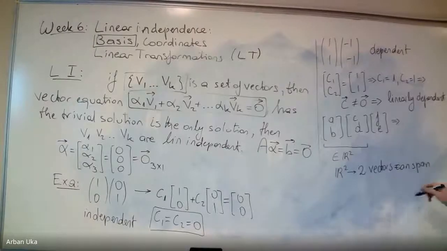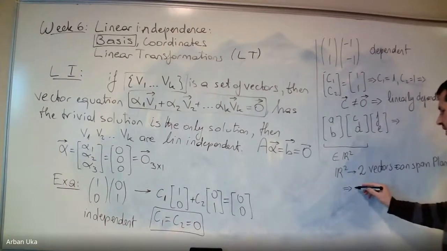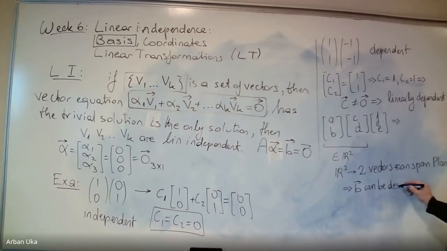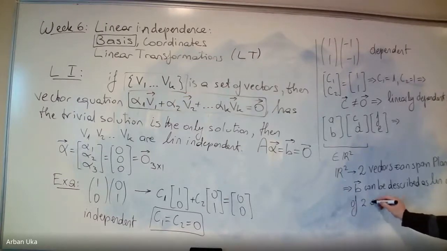So in R square, we have two vectors which can span a plane. Let me call this a plane, okay? A plane is two-dimensional. So this implies that any vector can be described as a linear combination of the two other vectors in R2. Okay, that's exact.